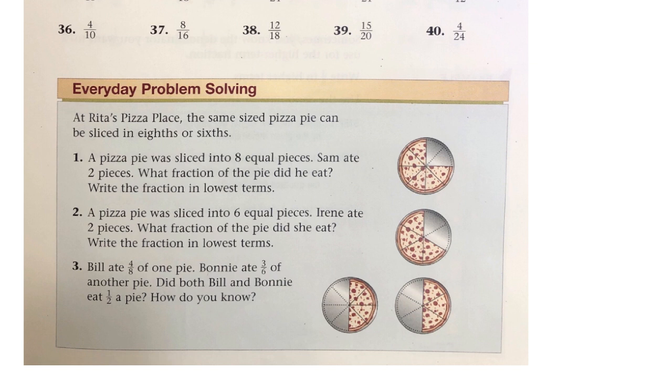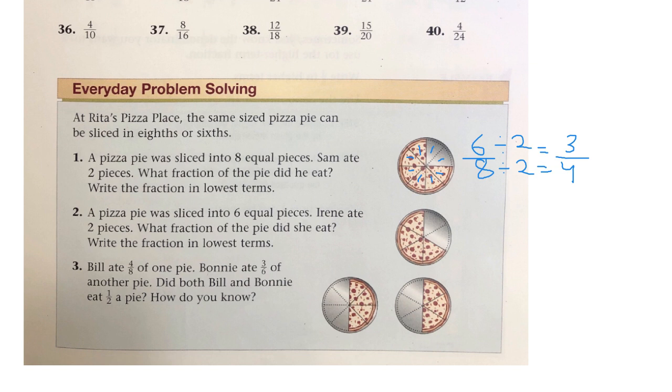So we have 1, 2, 3, 4, 5, 6, 7, 8. And he ate 2 of them, so 6 are left. We can divide 6 and we can divide 8 by 2. And that would give us 3/4.